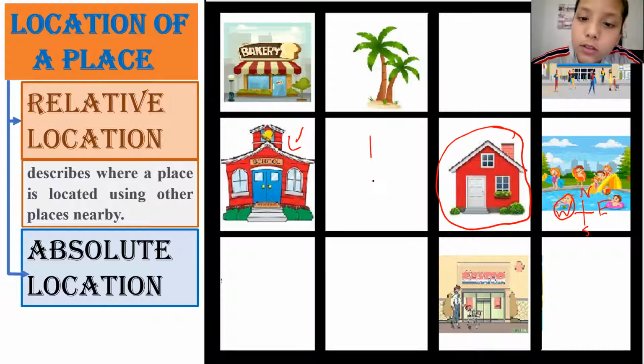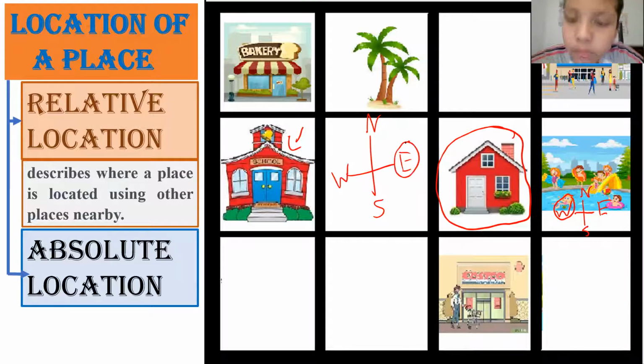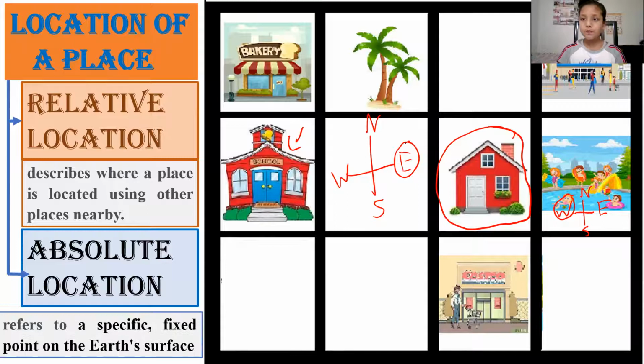So, let me draw a compass again. See? My house is on the east side from the school. Okay, now what's absolute location?